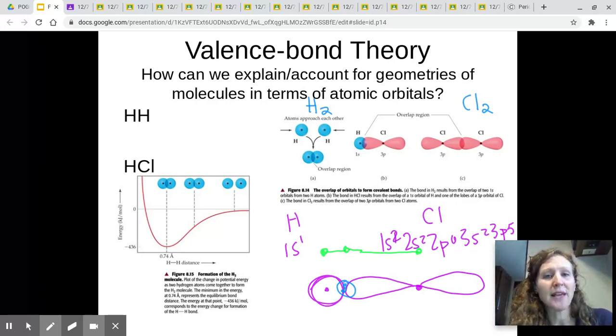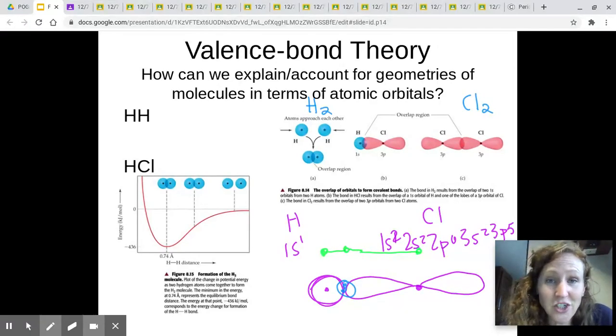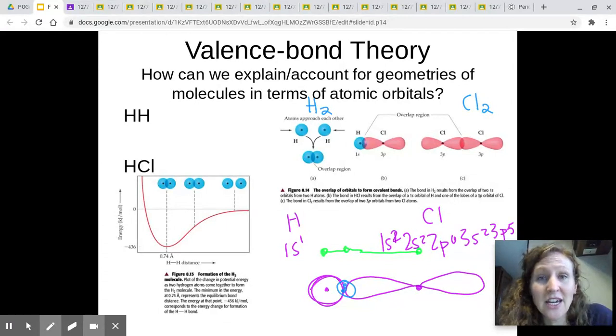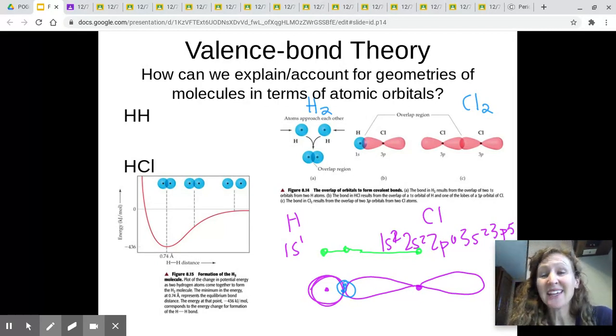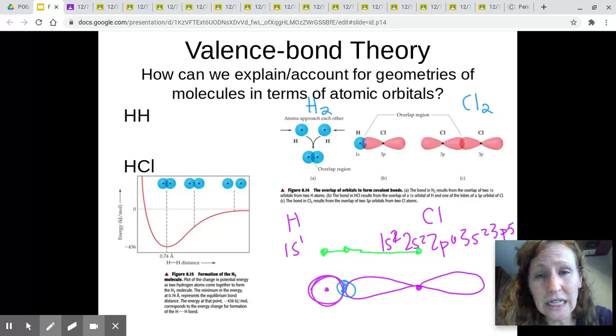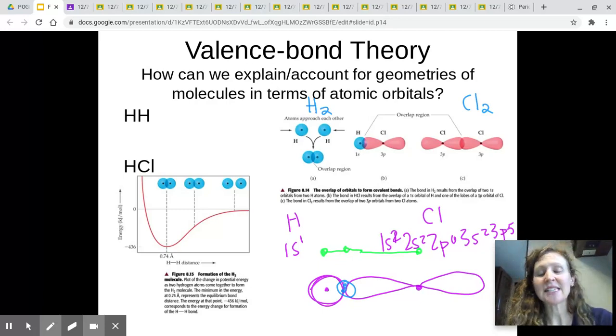We have a lopsided molecule, and that's a problem because when we observe hydrogen chloride, hydrochloric acid, or any diatomic molecule, we don't have lopsided molecules. The electrons actually get pulled closer to chlorine because chlorine is the more electronegative element. They're not going to be pulled more closely to hydrogen.